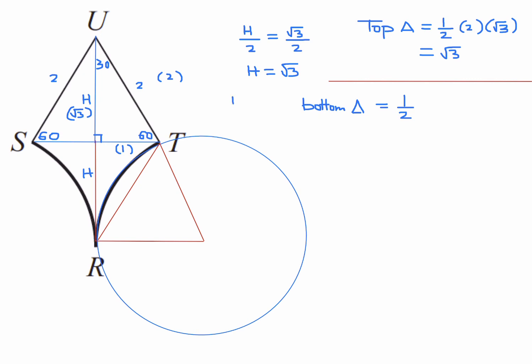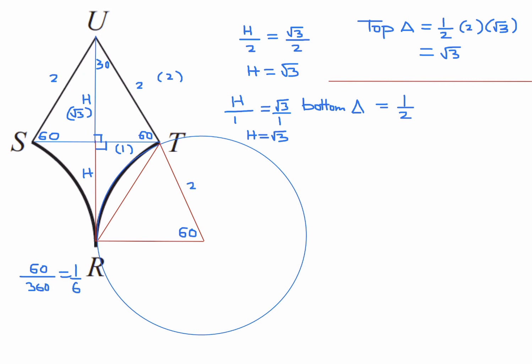In the same way, H over 1 is the same as root 3 over 1, and therefore H is root 3, because that's also a 30-60-90 triangle. Since this is 90, and this here, we can figure out, because they told me that this is 1/6 of the circumference of the circle, so that means this is 60. 60 over 360 is 1/6.